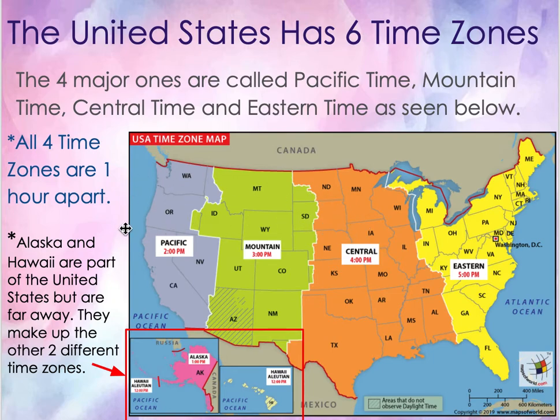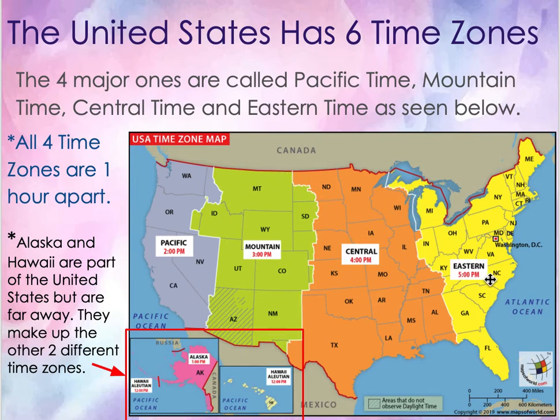California is always behind. New York will always experience things first in time. So if it's 5 o'clock here, we go back, it's 4 o'clock here, then 3, then 2. You're going back, which means you're subtracting time, 1 hour each. If you're going forward, you're adding an hour.